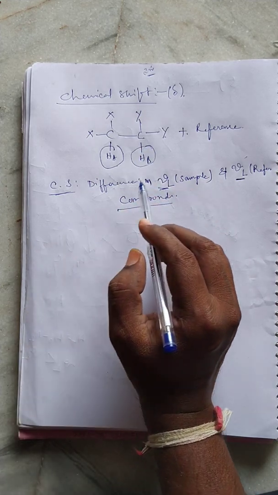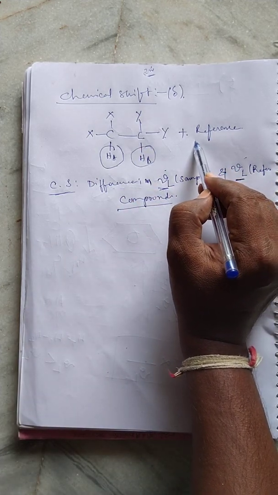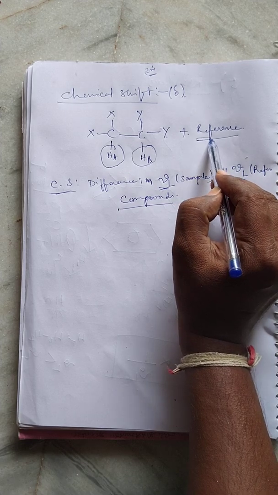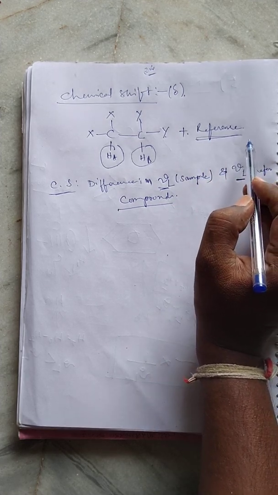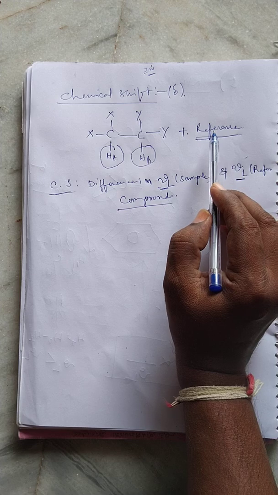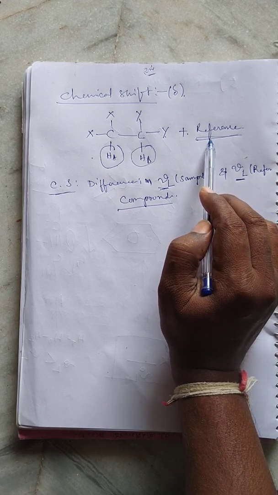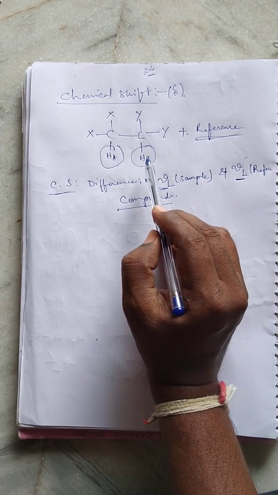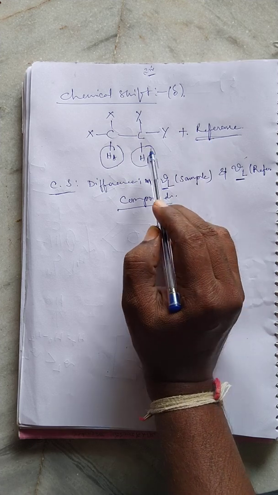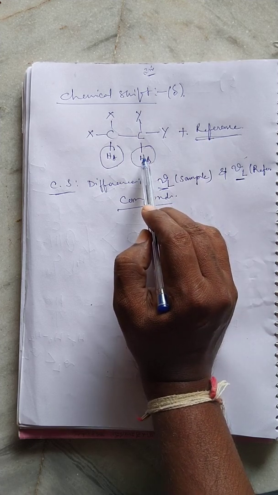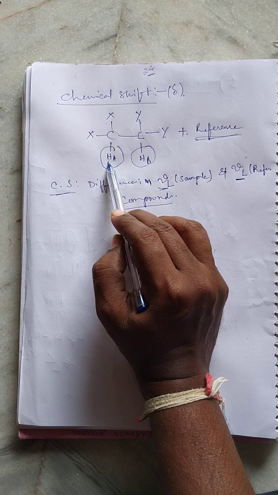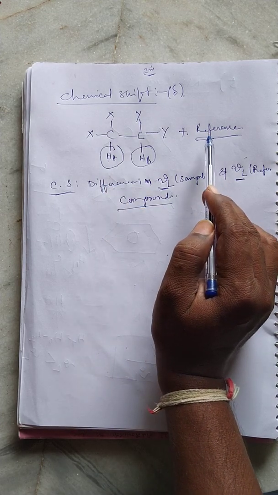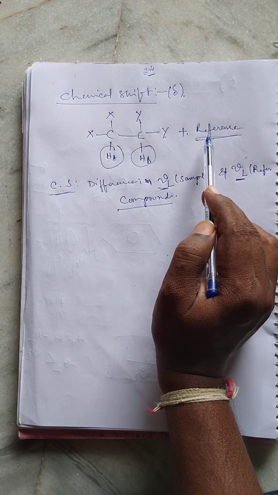So here I have mentioned a reference. For any spectroscopy there is a reference. With respect to this reference we will calculate how the Larmor frequency of this proton and this proton are different from the reference protons.